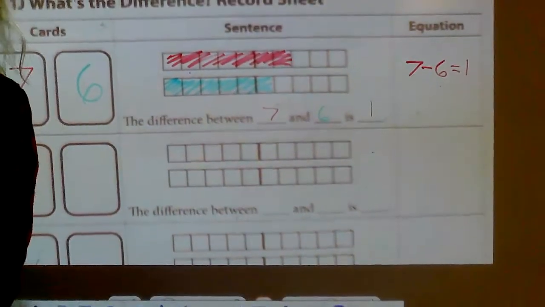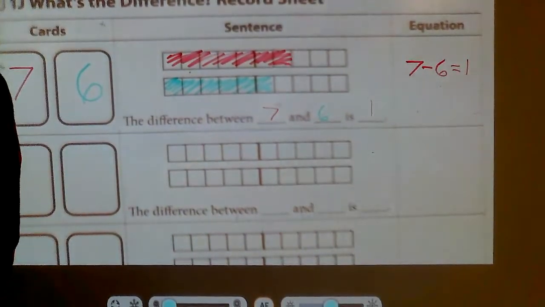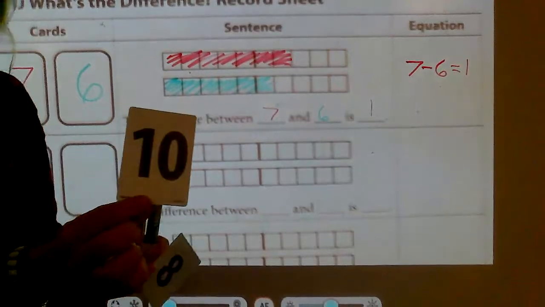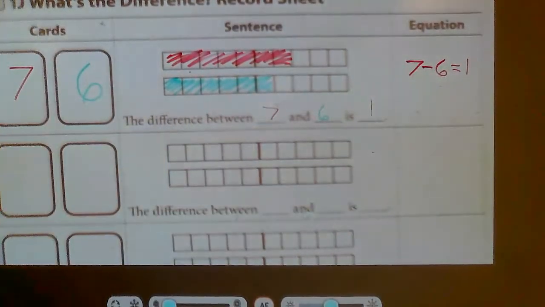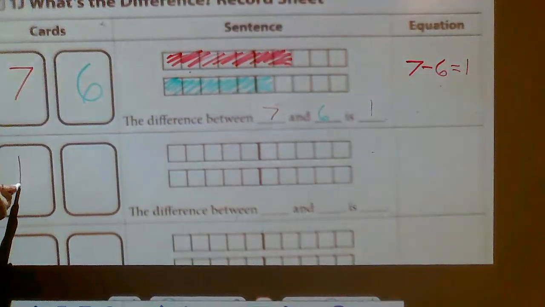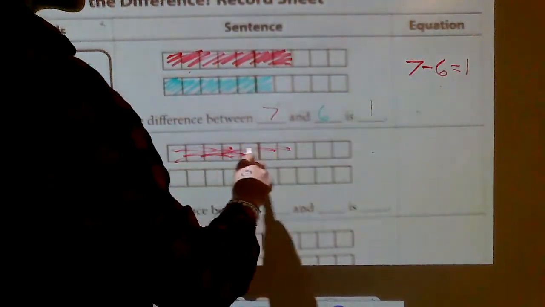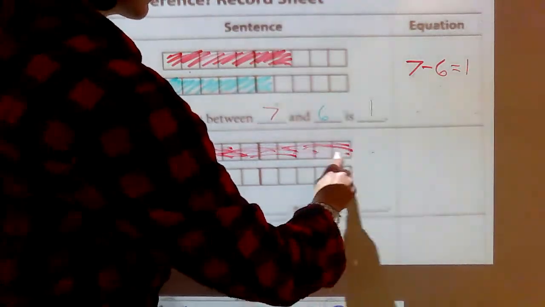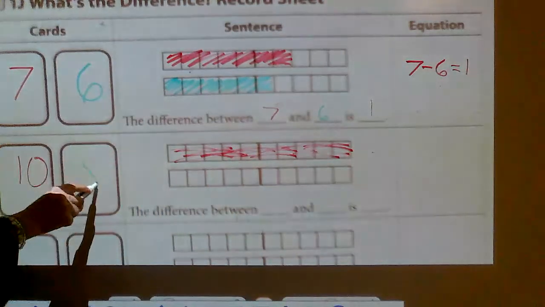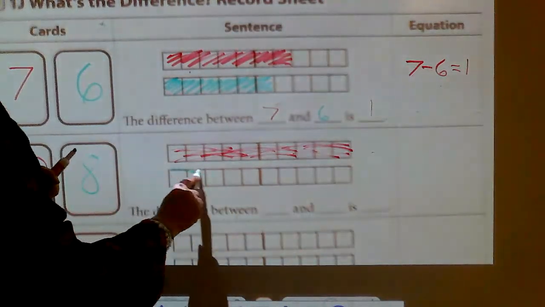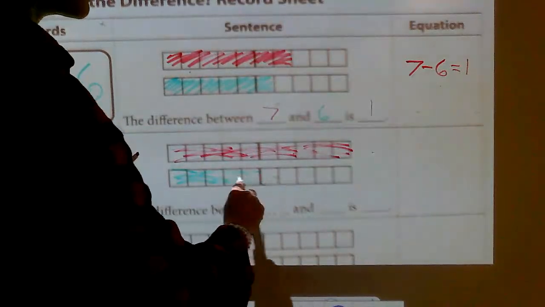I'm going to pull 2 more numbers. I pulled a 10 and an 8. So 10 was my first card. I get to color in the whole 10 frame. And 8 was my other number. Color in up to 8.